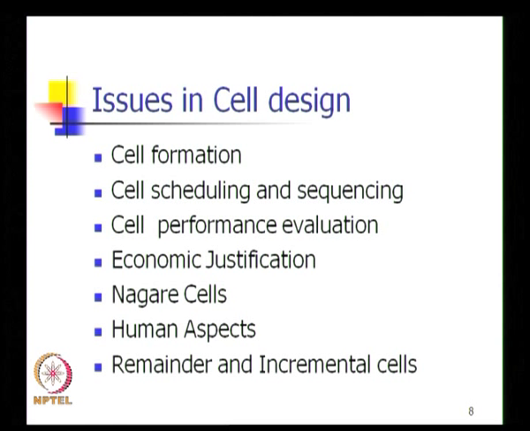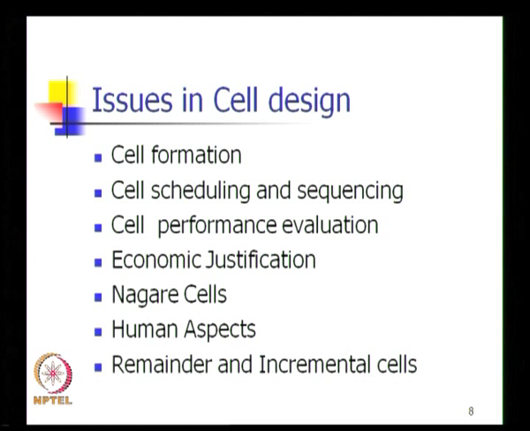That is called cell design or creating a manufacturing cell. Now, what are the various issues in doing this? The first issue is called cell formation, that is how to group these machines into machine cells and these parts or components into part families. That is called cell formation.